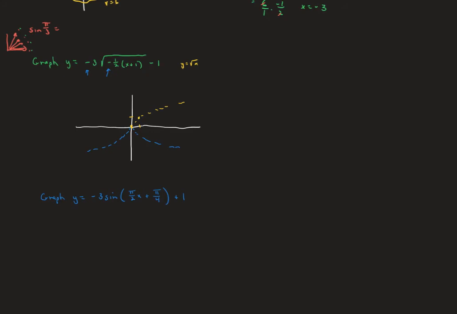Now our starting point is going to be that 0, 0 is going to be at negative 1, negative 1. So we're going to be right there is going to be a point on our curve, negative 1, negative 1. Now this 3 is going to be a vertical stretch, and this 1/2 is going to be a horizontal stretch.